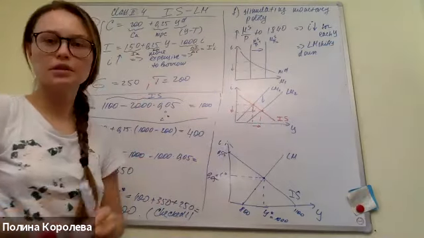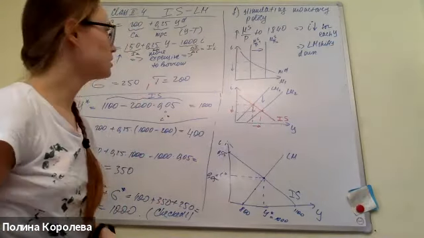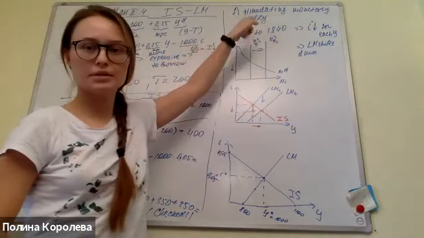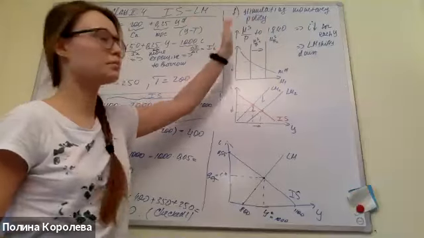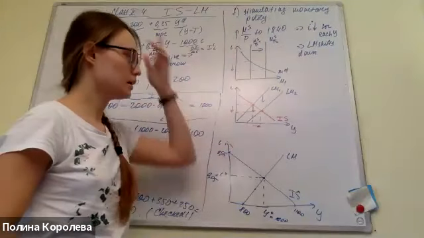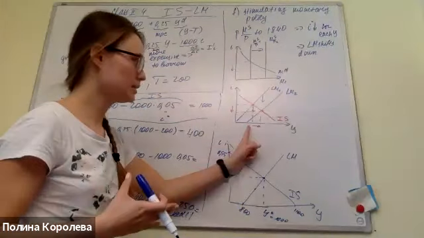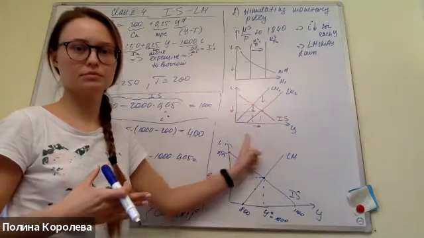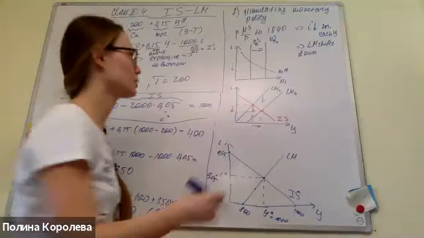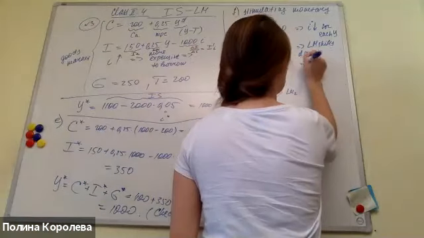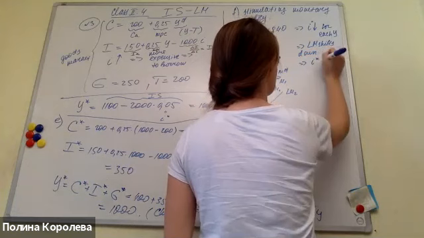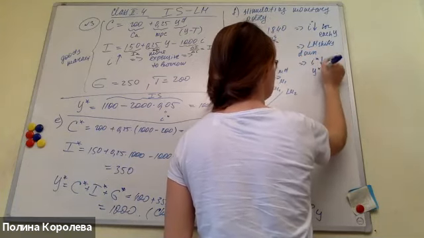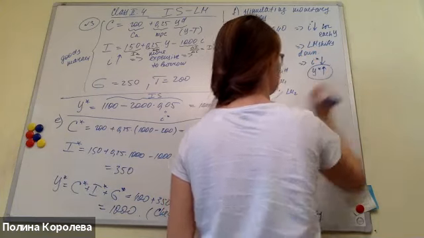That means we really have stimulating monetary policy. The central bank prints money, and in the short run this increases aggregate output, aggregate income, GDP, however you name it. So the equilibrium interest rate decreases, and equilibrium output increases.